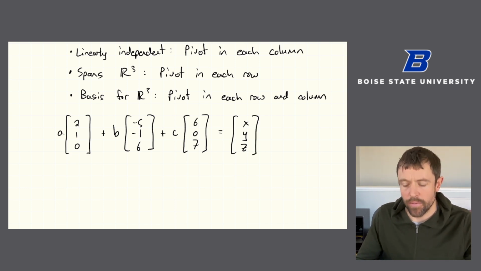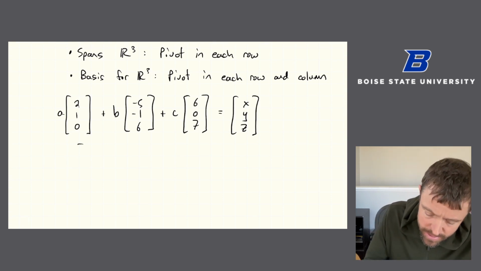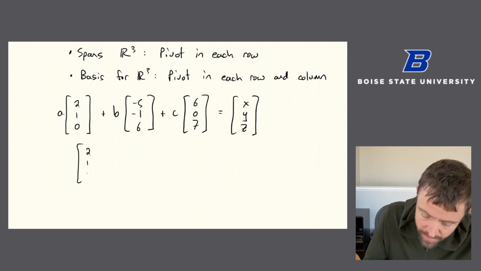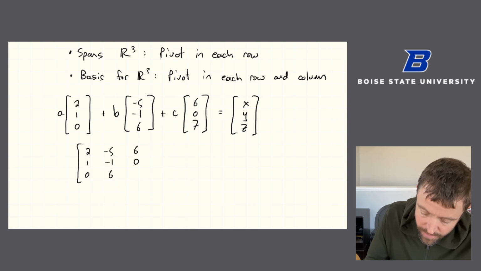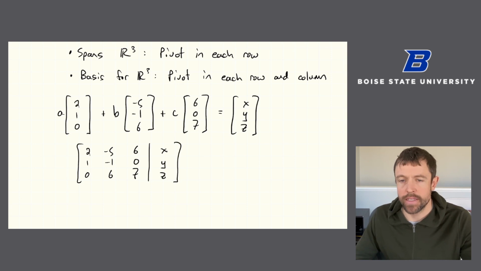And so we would convert this to an augmented matrix and say, all right, well, what does this look like? It looks like this.